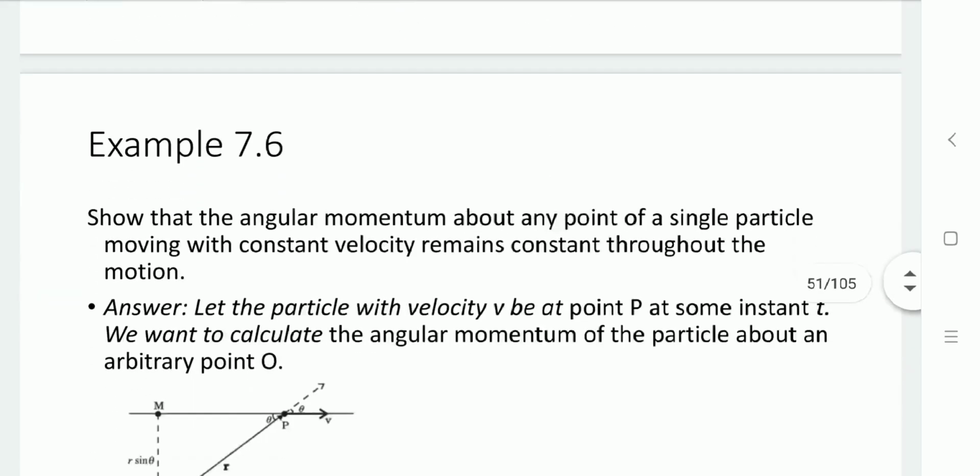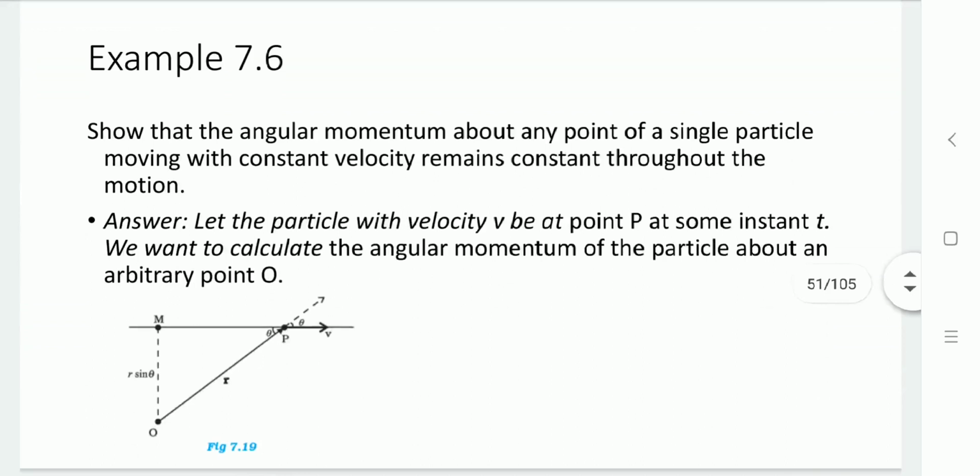Now let us take another example. Show that the angular momentum about any point of a single particle moving with constant velocity remains constant throughout the motion. So here let us take a particle having velocity v at point P at time instant t.